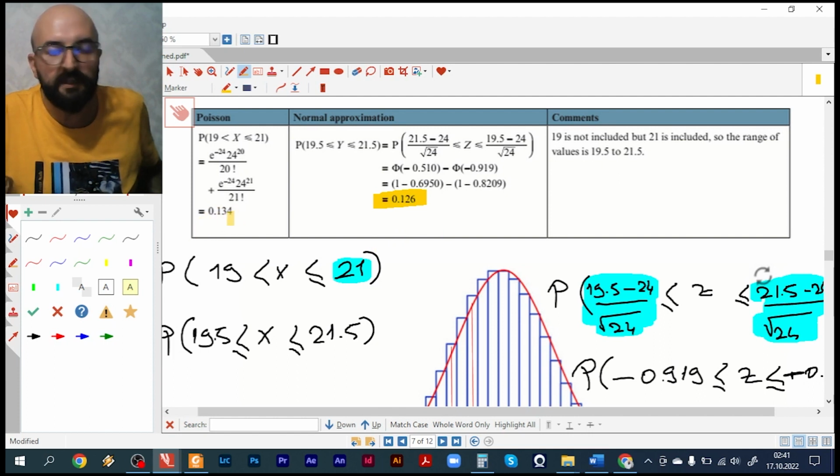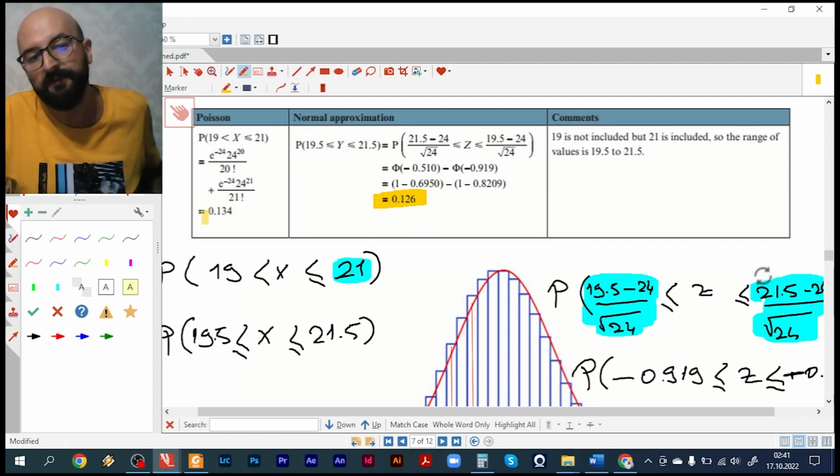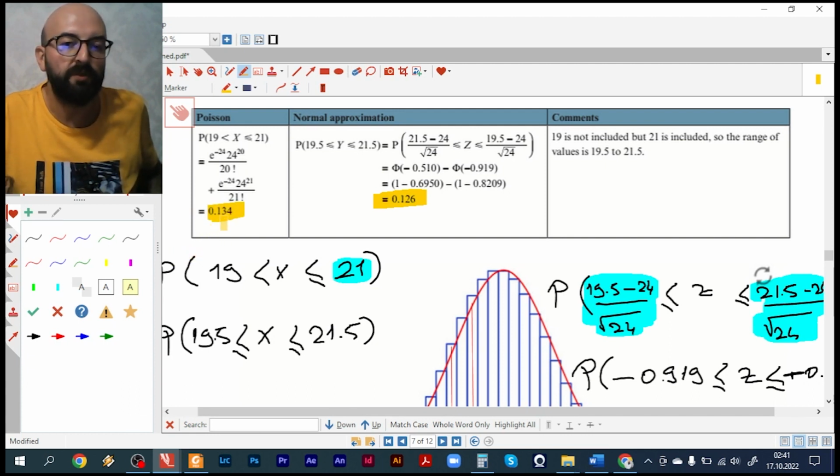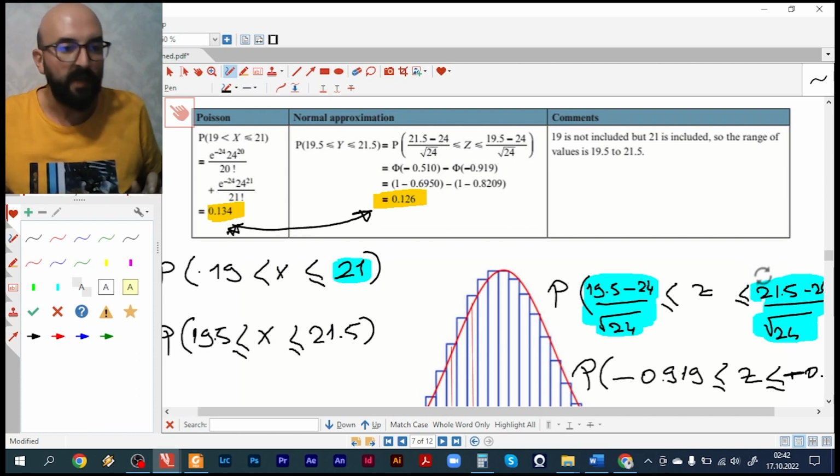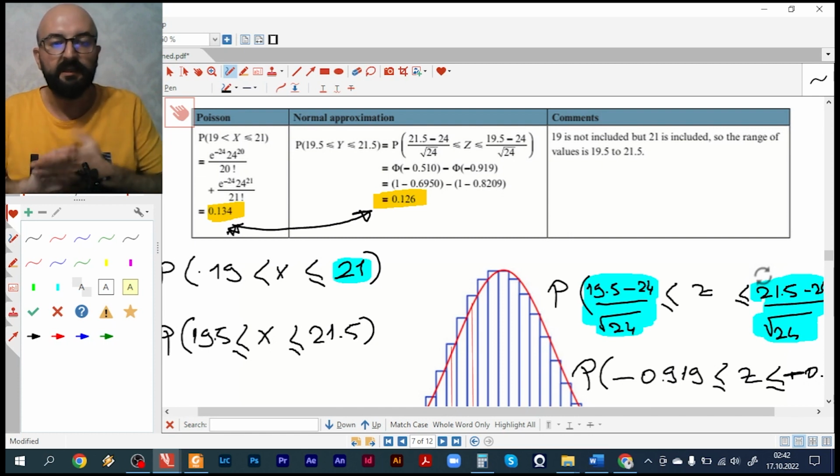If we figured it out according to the Poisson distribution, we could find 0.134, and please notice that these values are very similar to each other. Okay, now for now this lesson is finished.